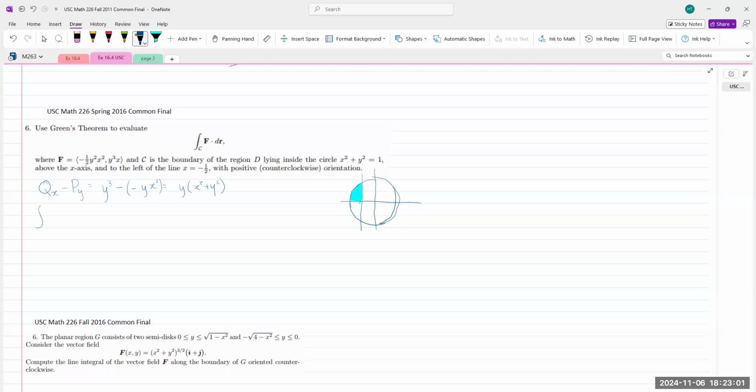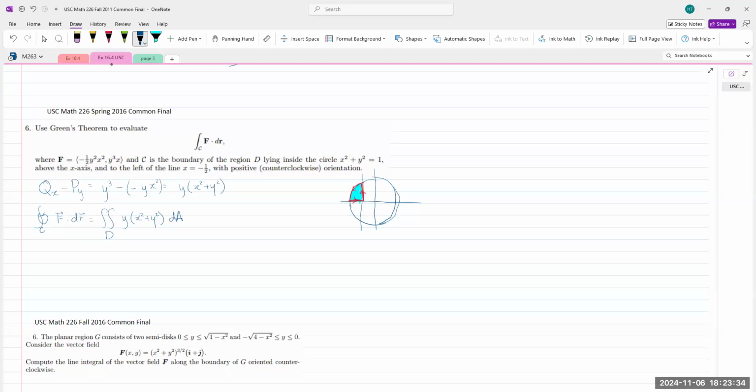Okay, so the integral over that closed curve, the boundary, this is the boundary, that's the C. We go around that path there. At least that's my interpretation. So the closed curve integral of F dot dr equals the double integral over D of y times x squared plus y squared dA.